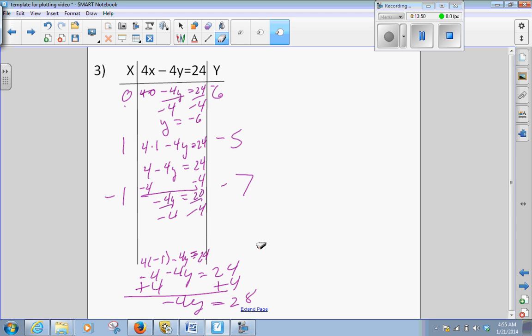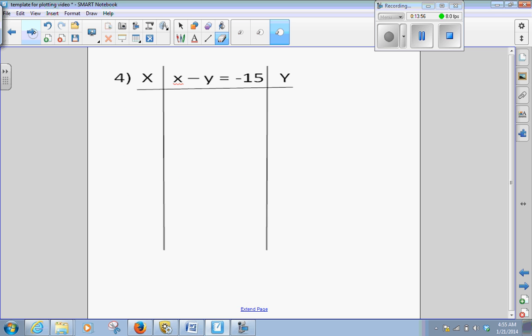So what I would like you to do is try the first few and pick 0, 1, and -1 for x. So for number 4, go ahead and do it with 0, 1, and -1 so that you can actually check a couple of them with me. Although normally you can pick whatever value you want for x. I just personally think that 0, 1, and -1 are a little bit easier because you're dealing with smaller numbers.